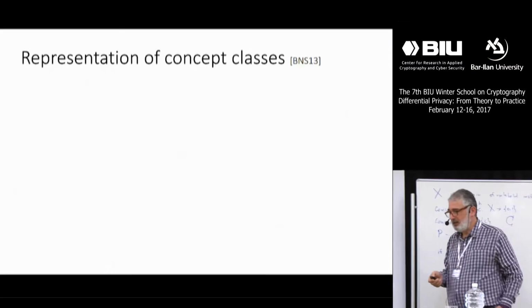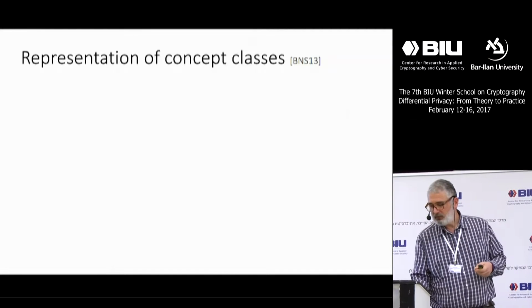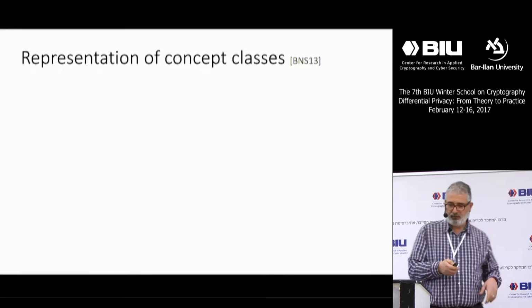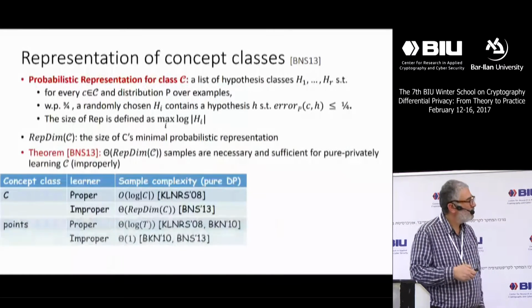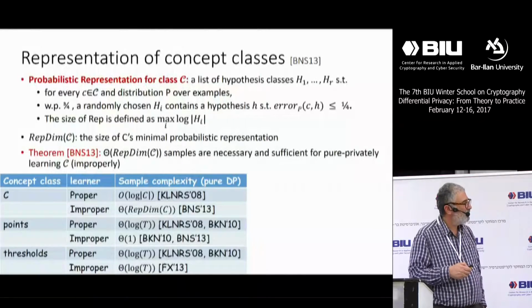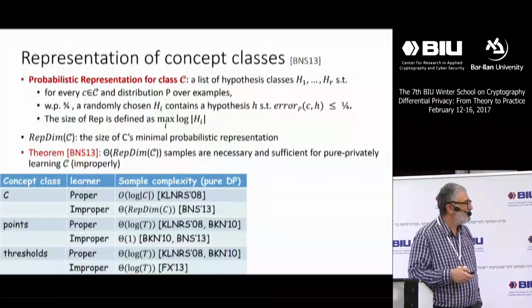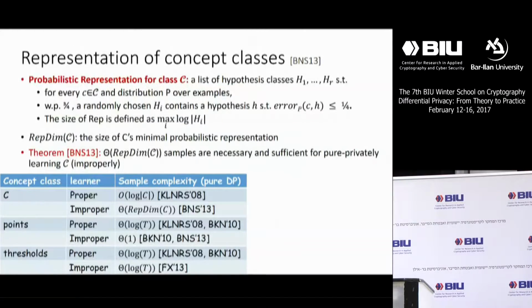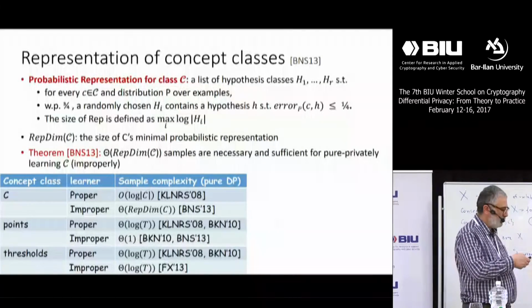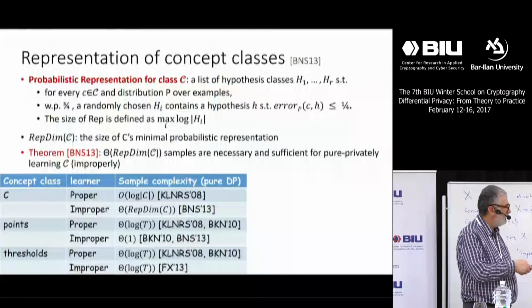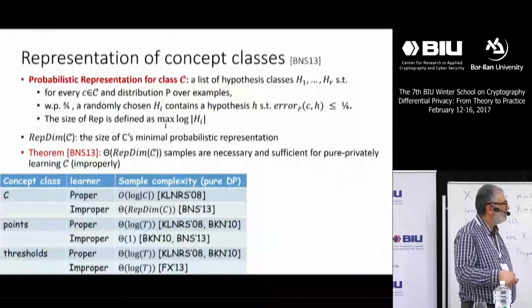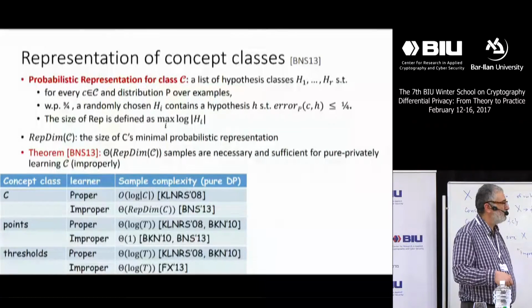Okay, so this thing can be generalized to the idea of representation of concept classes. Let me go very fast on that. And it gives learners for these, in the case of pure privacy, as follows. The representation dimension that I did not define, a generalization of the idea that I showed, exactly characterizes the sample complexity in the case of pure differential privacy.